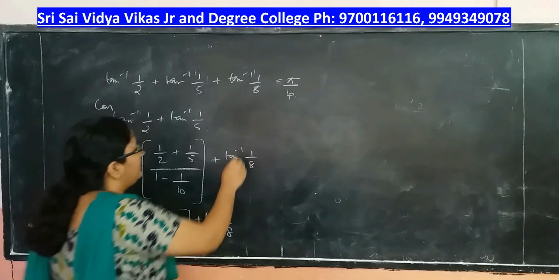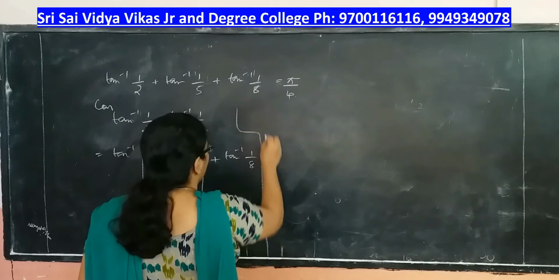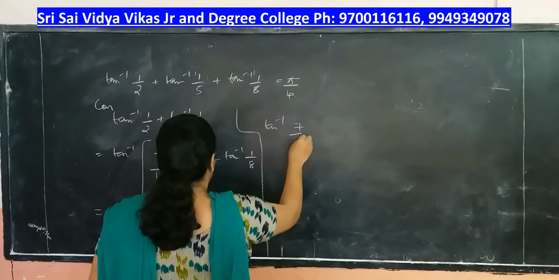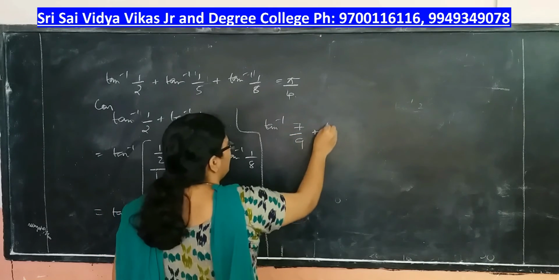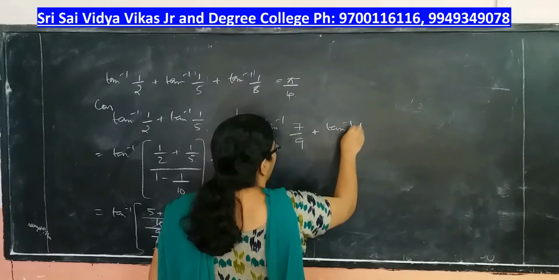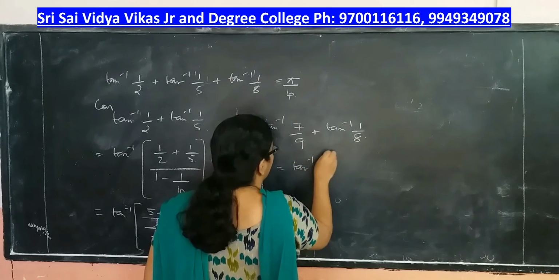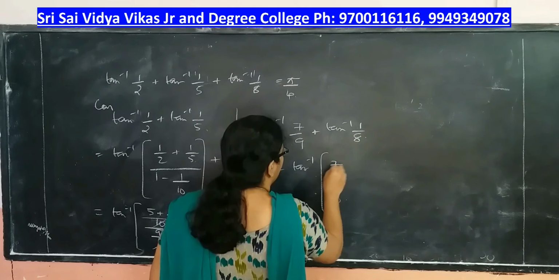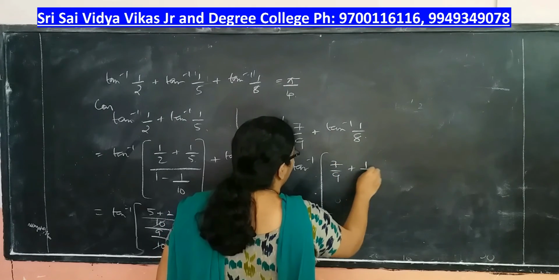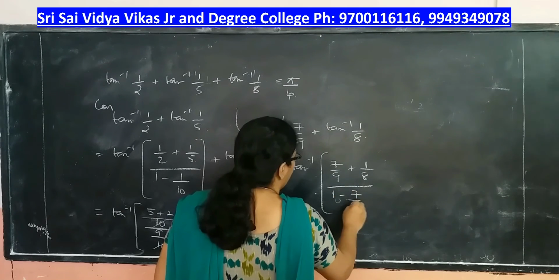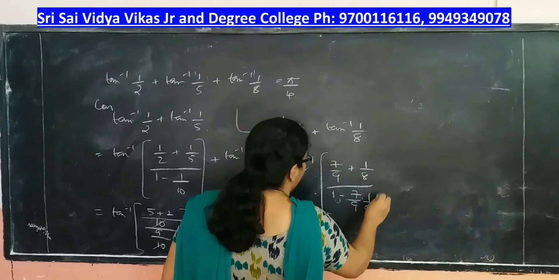You have tan inverse 7 by 9 plus tan inverse 1 by 8, that is equal to tan inverse of (7 by 9 plus 1 by 8) by (1 minus 7 by 9 into 1 by 8).